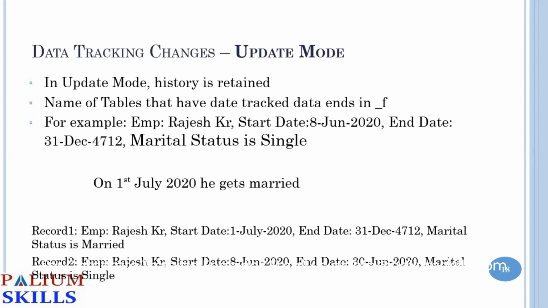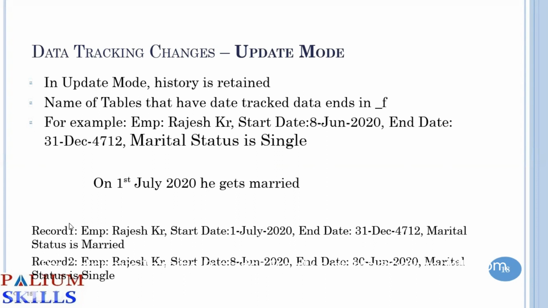For example, let's say Rajesh Kumar, his start date is 8th of June 2020. By default, the end date will be 31st December 4712 and his marital status is single. On 1st of July 2020, he gets married. He joined on 8th of June, and he gets married on 1st of July.